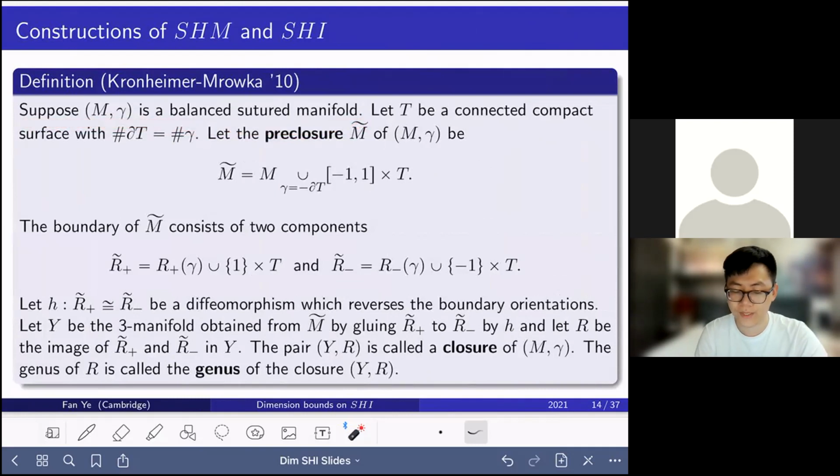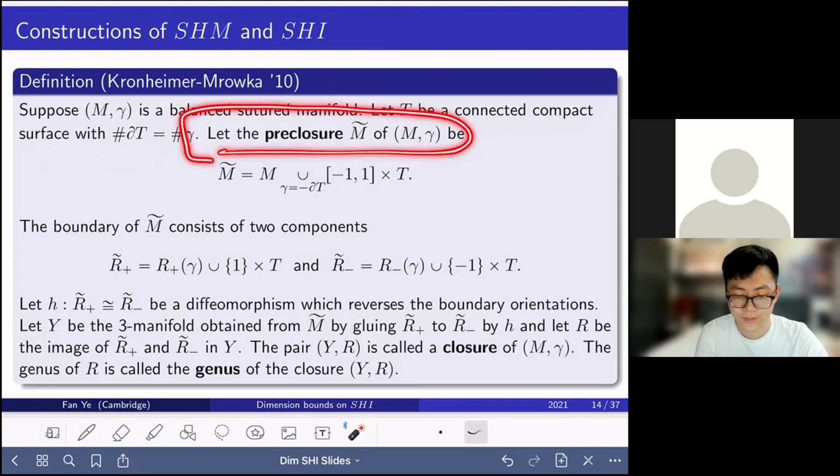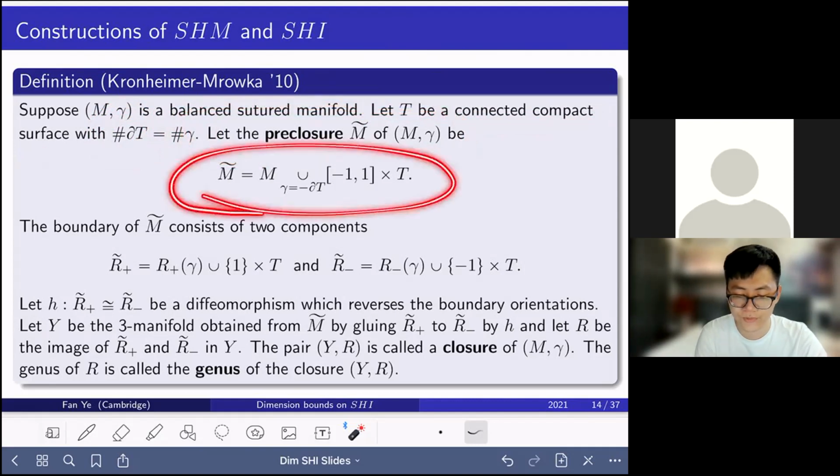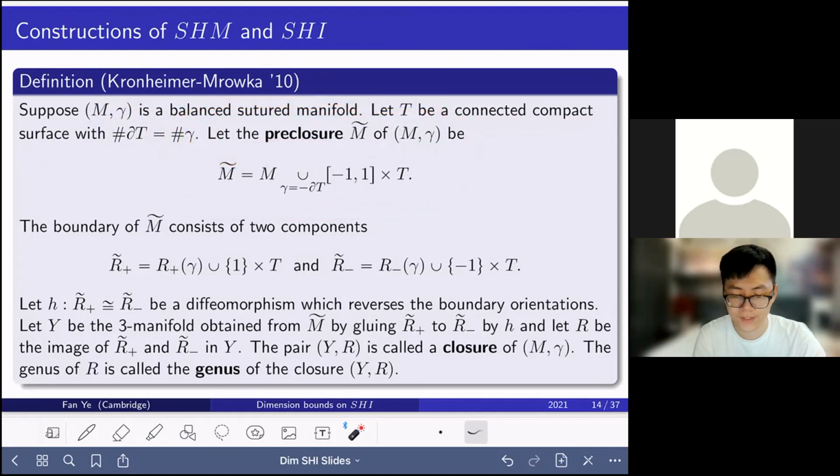Then we can take an auxiliary surface T as a connected compact surface such that the number of boundary components of T is the same as the number of components of gamma. Then we can take a pre-closure M tilde such that we glue I times T to M.